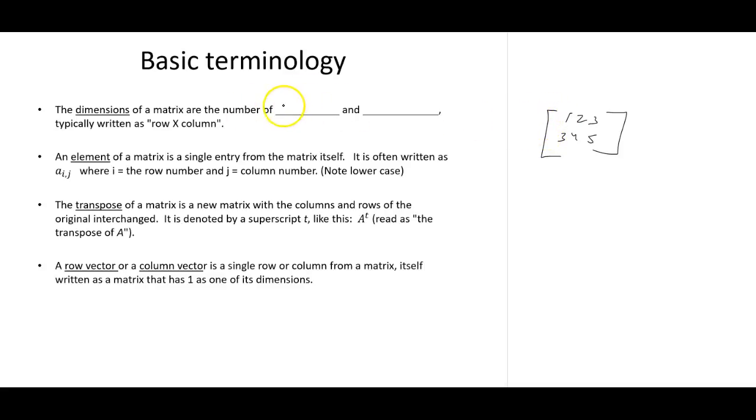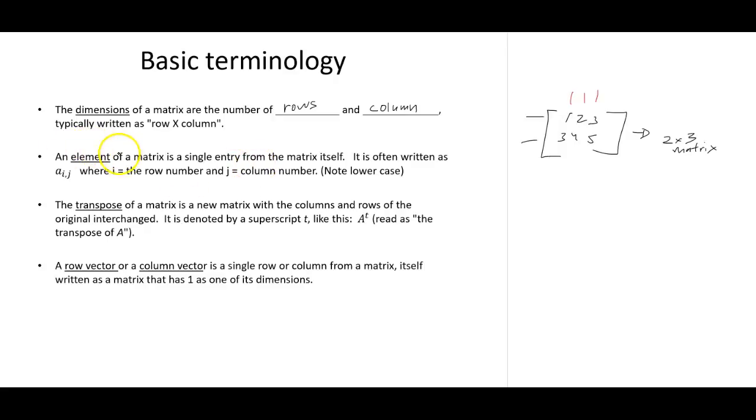And we almost always write it as row by column. So we're going to call this matrix, where there are 2 rows and then 3 columns, a 2 by 3 matrix.